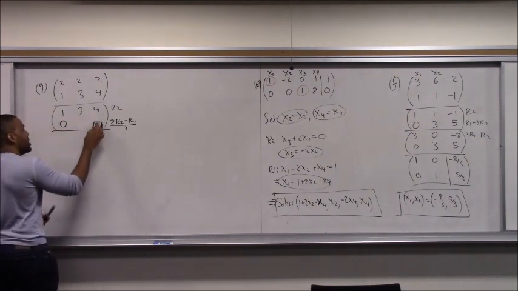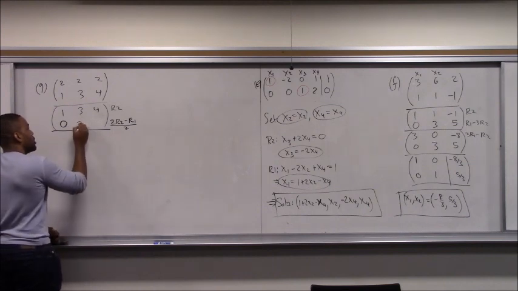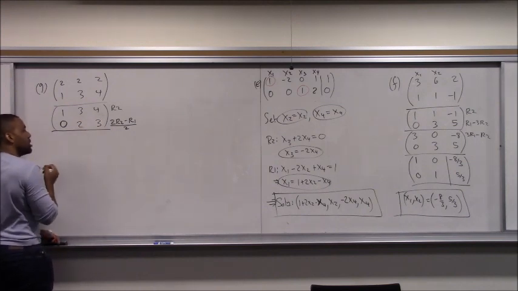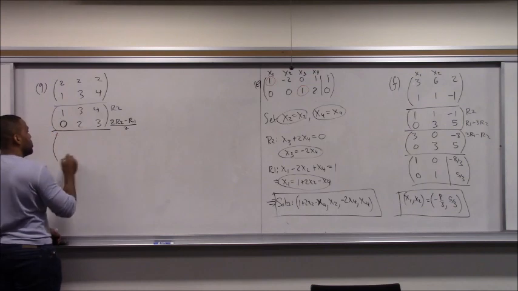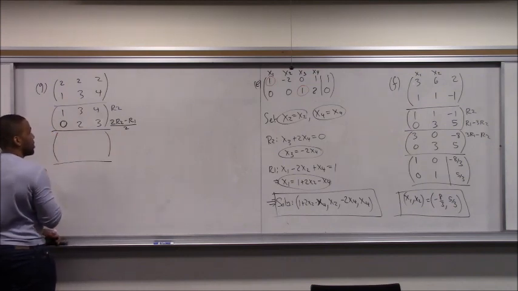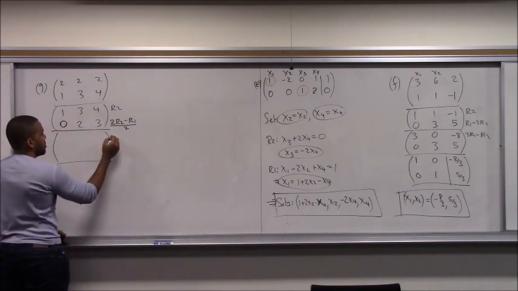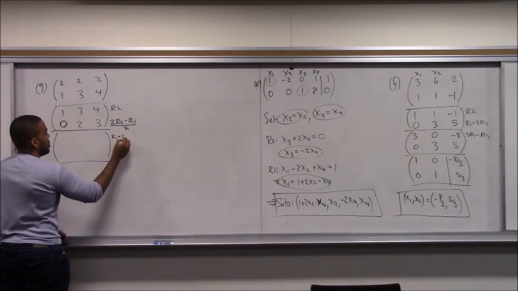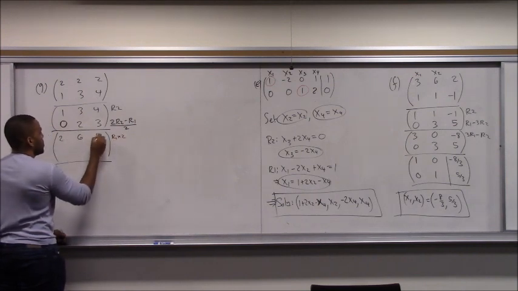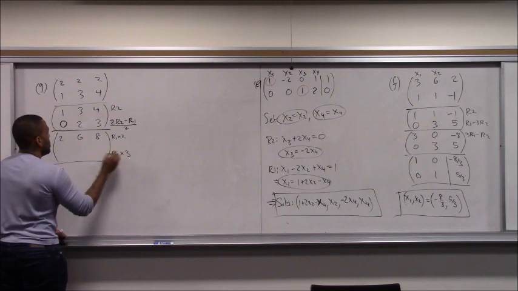So this will actually give me 2 comma 3. Be a little nicer. How do you do that? You have to multiply both by opposite. So row 1 times 2, and then row 2 by 3.